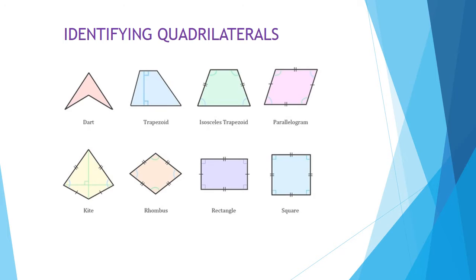Two of the sides are going to be equal, and the remaining two are also going to be equal in length. So if, let's say, the longer side is 5 cm, the other is also going to be 5 centimeters, then down there perhaps it's 3 centimeters, the other side also is going to be 3 centimeters. So that's how you identify a kite.